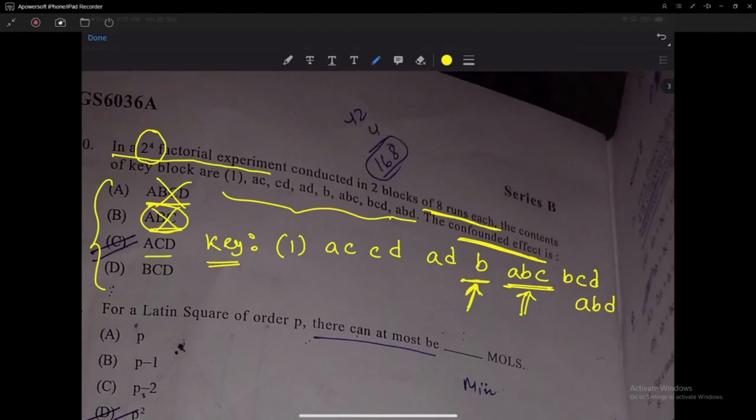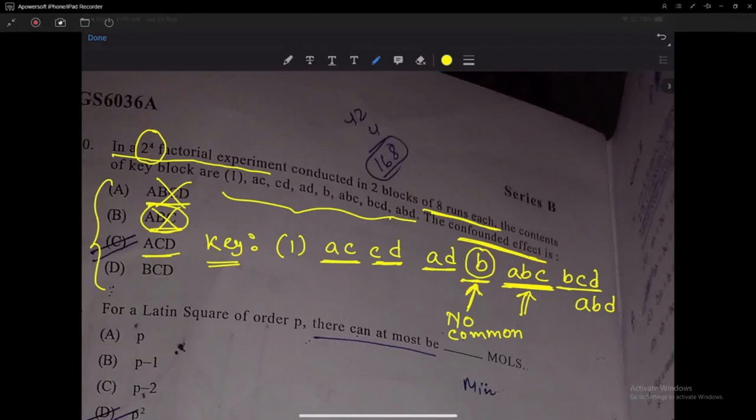Now let's check the third option, which is ACD. Let's go from the first one. With AC we have an even number of common members, with CD we have an even number of common members, which is CD. Then AD, obviously we have an even number of common members with ACD, and with B we have no common member. Then for ABC we have an even number of common members.